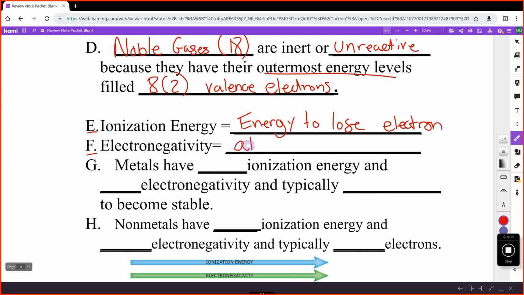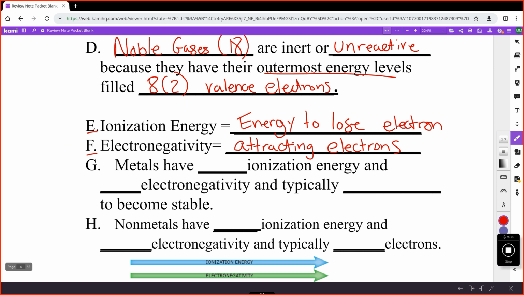Electronegativity is the opposite. It's how well an atom attracts new electrons. And what we do with these things is we kind of compare high to low, low to high, and we can determine which elements will lose electrons to the other elements that are going to gain them.